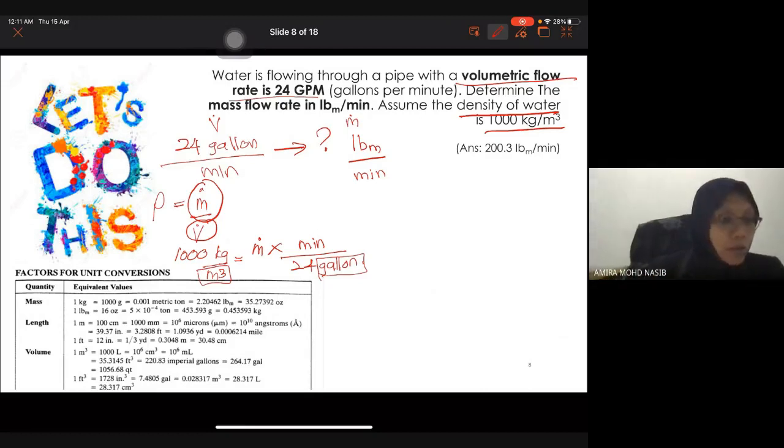So what I'm going to do is I'm going to change to meter cube. So we know that for volume, where's gallon? 1 meter cube equal to 264.17 gallon. So this one should be 264.17 gallon. This one is 1 meter cube. So you can cancel out later.